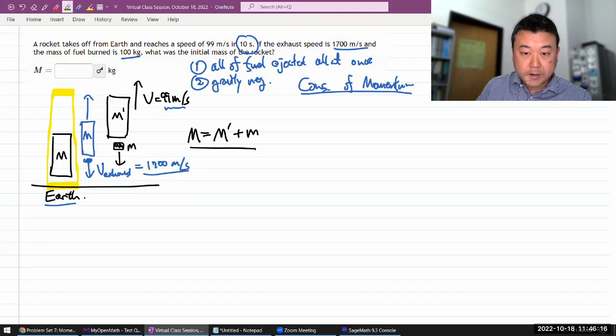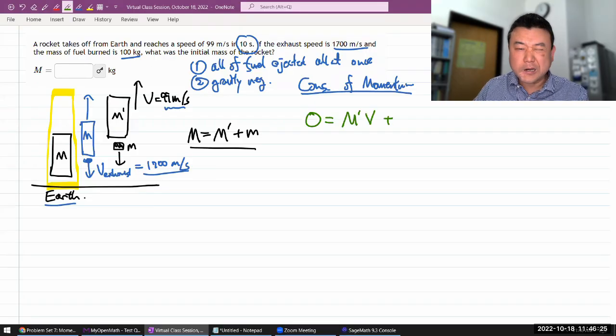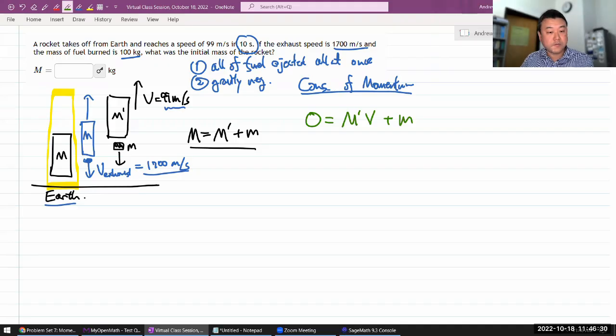The initial momentum, zero, is equal to the sum of the two final momenta: momentum of the remainder of the rocket plus momentum of the ejected portion of the rocket. So it'll be its mass times V, and let me use the sign to indicate the direction of the exhaust, minus v exhaust. Okay, so let's count our unknowns.